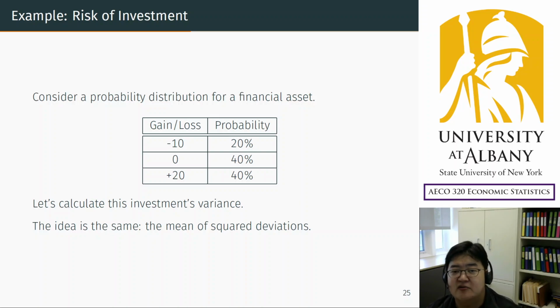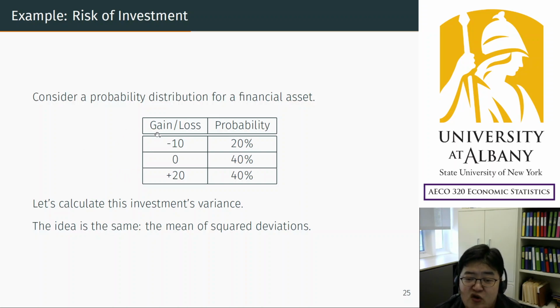So I prepared another example where the information is given as a probability distribution. So think about a financial asset like a lottery, or you may think it's betting, or the stock market, whatever, it does not matter. Here there are only three possible outcomes from this investment.